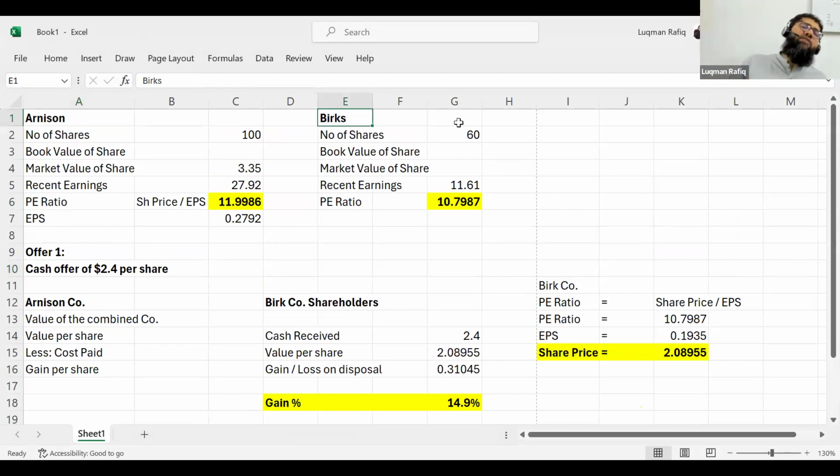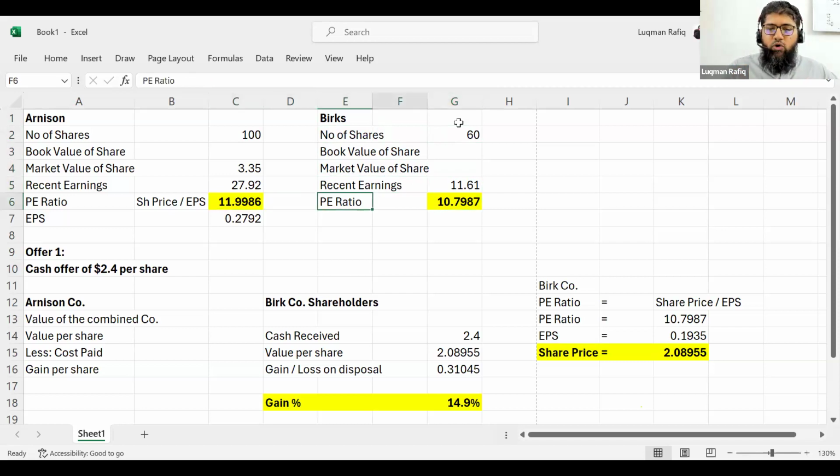From the examination perspective, the examiner gave you the number of shares that Burke company has. He did not give you the market value of each share, but he did give you the earnings of Burke company. And he told you that Burke company's PE ratio, the price earning ratio, is 10% less than the price earning ratio of Arnison company.